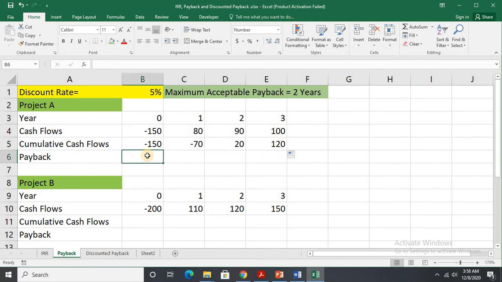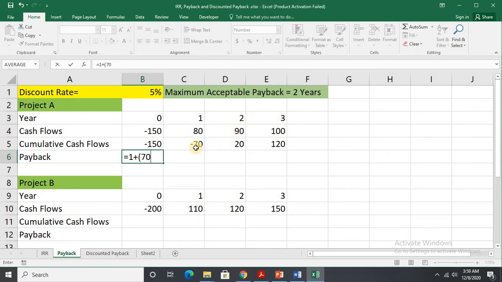Now let's calculate the payback. Equal sign. So project A's initial investment is fully recovered after 1 year. So 1 plus, then first bracket, uncovered cost at the beginning of year 2 is 70.